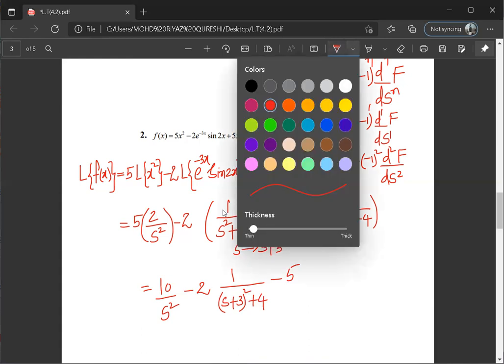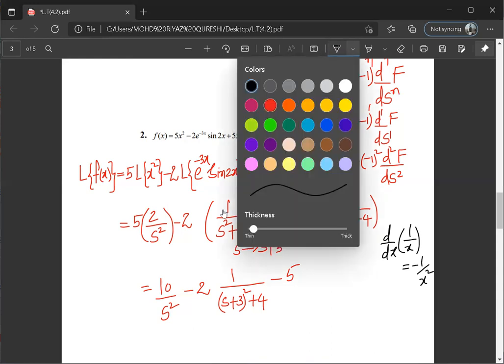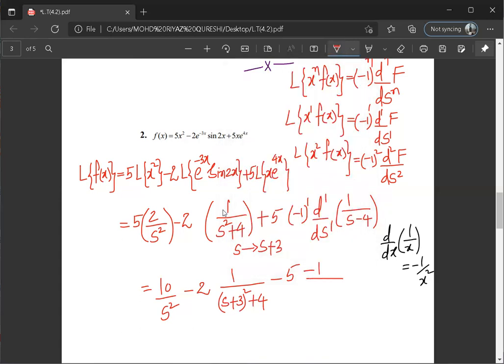For derivative, d by dx of 1 by x is equal to minus 1 by x square. 1 by x is minus 1 by x square only. It's a minus 1 by s square.